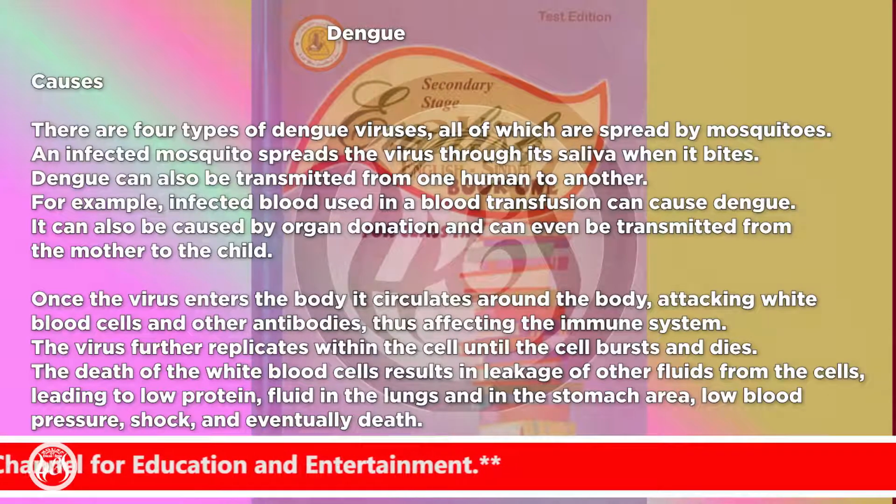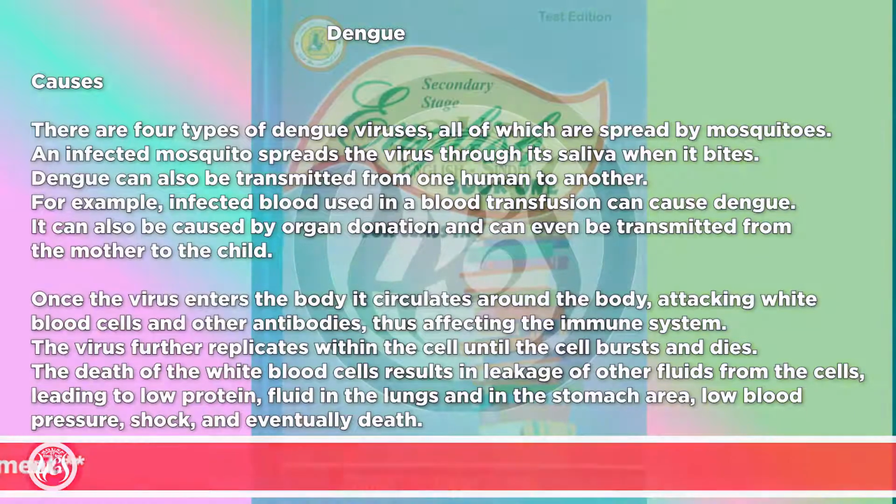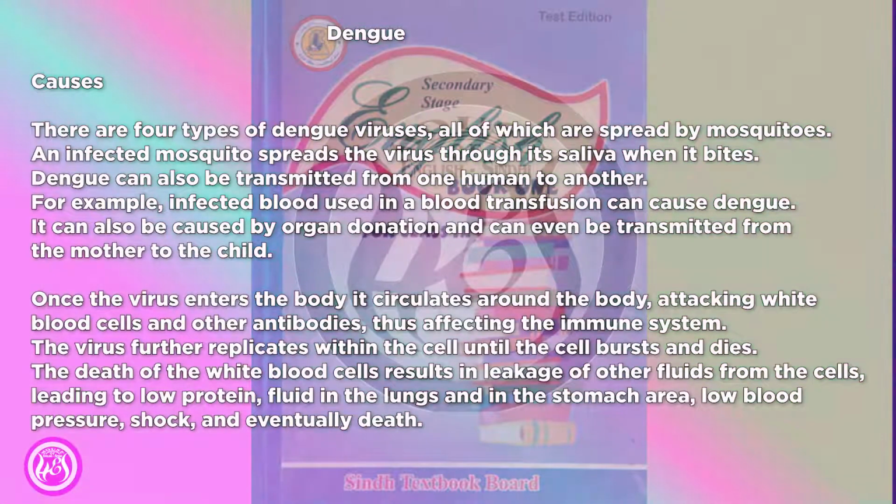The death of the white blood cells results in leakage of other fluids from the cells, leading to low protein fluid in the lungs and in the stomach area, low blood pressure, shock, and eventually death.